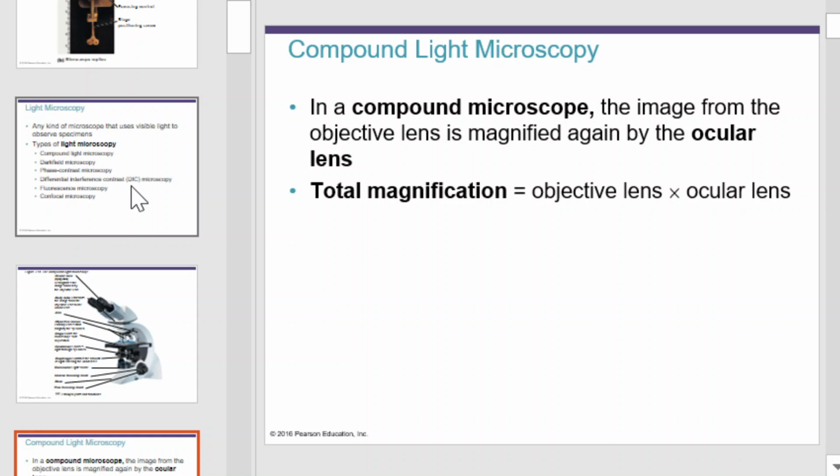In a compound microscope, the image from the objective lens is magnified both by the objective lens and the ocular lens. In order to determine total magnification using a compound microscope, the two numbers must be multiplied.